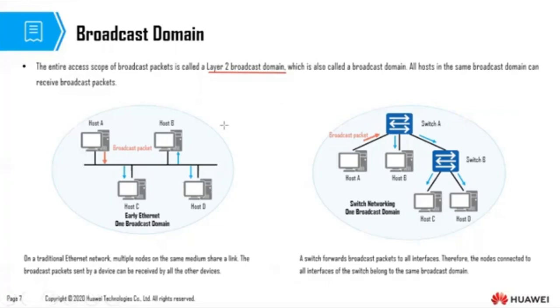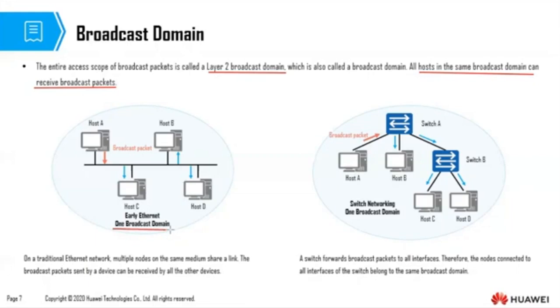So that's why they're called layer 2 broadcast domains. All hosts in the same broadcast domain can receive broadcast packets. So again, the early Ethernet network gives you one broadcast domain.